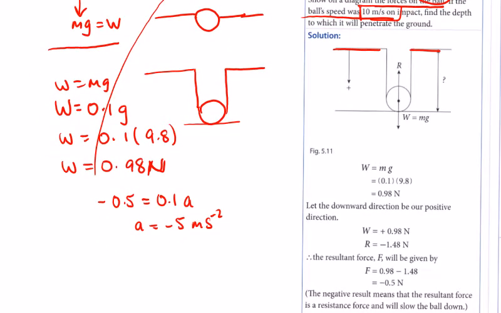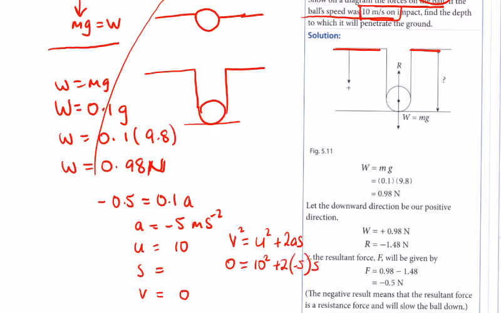We have a, and we have the ball speed is 10. We're looking for s, and we know that it comes to rest. So we can use v squared is equal to u squared plus 2as. So we're going to have 10 squared plus twice minus 5.